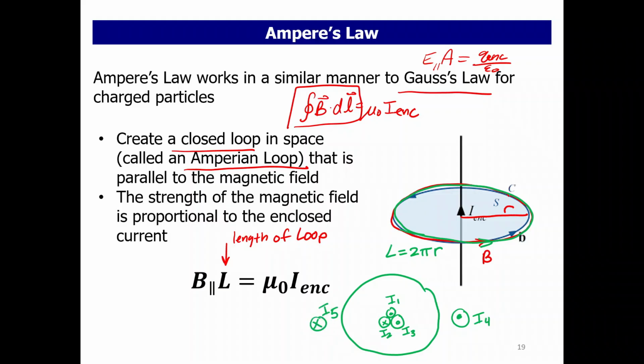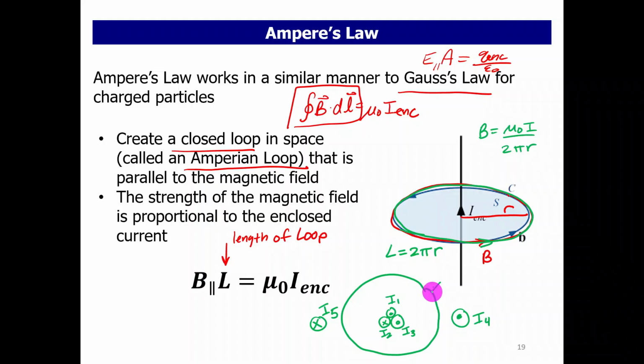If I were to try to use my magnetic field for a long straight wire, this would get really complicated, because I'd have five different wires and I'd have to find all those distances. I'd have to use my mu naught I over 2 pi r over and over again. That would be a lot of trouble.